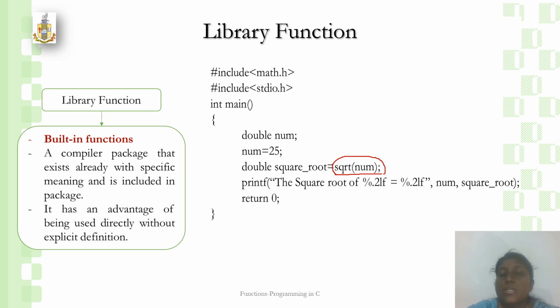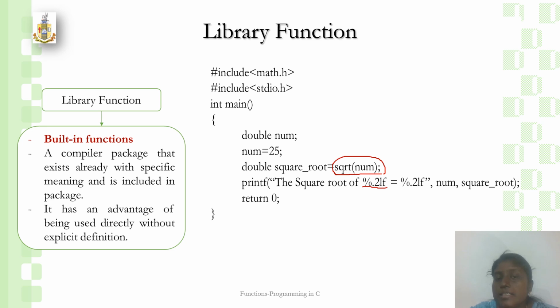What is the square root? We need to find the square root for the value 25. What is the square root of the value 25? It is 5. In this printf statement, we print the square root of. Here, look into here, it is percentage dot 2 lf.